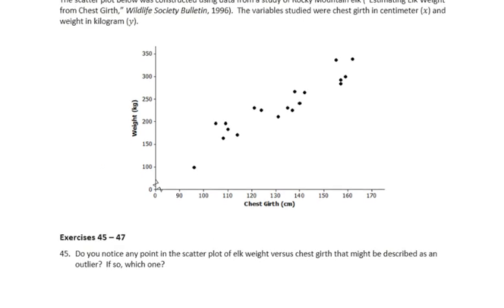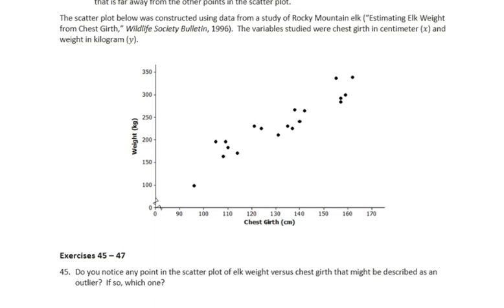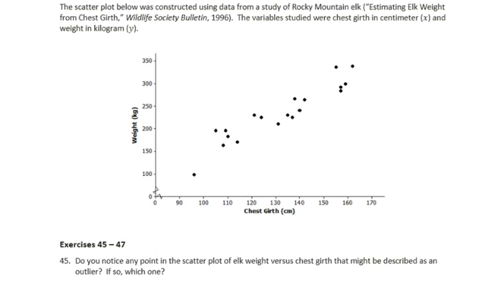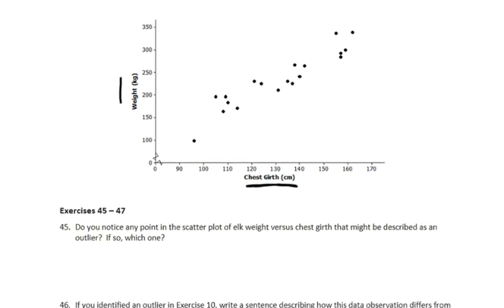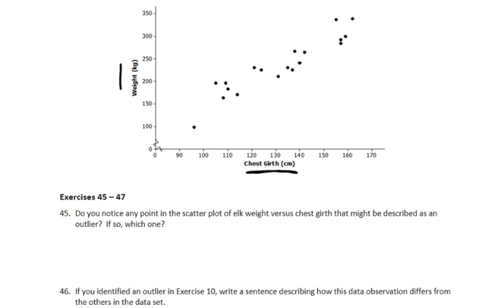For example, in this one here, this talks about a group of elk that were studied, Rocky Mountain elk, and their chest girth, which is the size of their chest, pretty much, around, and their weight. For the first part, do you notice any point in the scatter plot of the elk that might be described as an outlier? I would say there's one. This guy down here is not really with the rest.